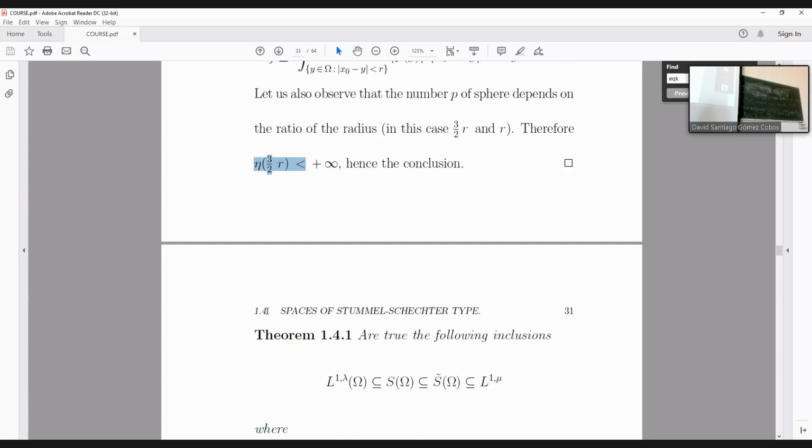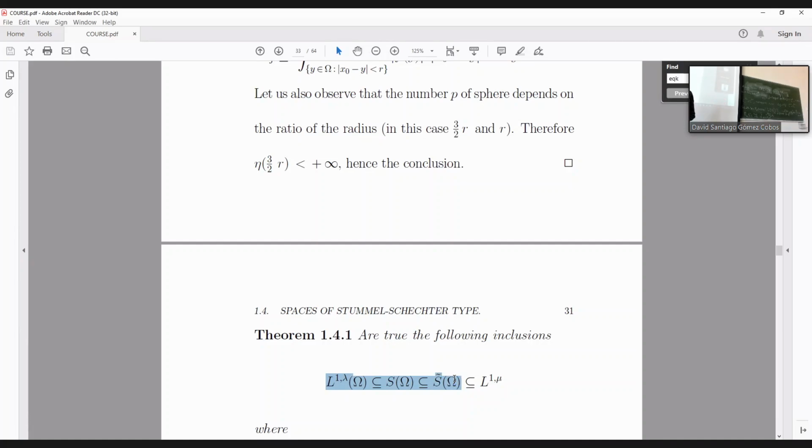Then I would like to compare this kind of space with the Morrey class. The chain of inclusions is this one. L1,lambda, the Morrey class with p exponent 1 and Morrey exponent lambda, is contained in S. I remember that S is when the quantity tends to 0. This is contained in the space S tilde, where the quantity is only finite.